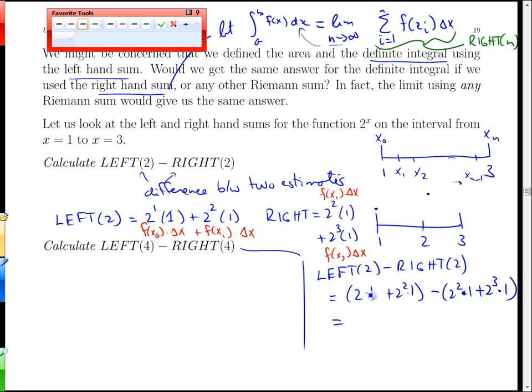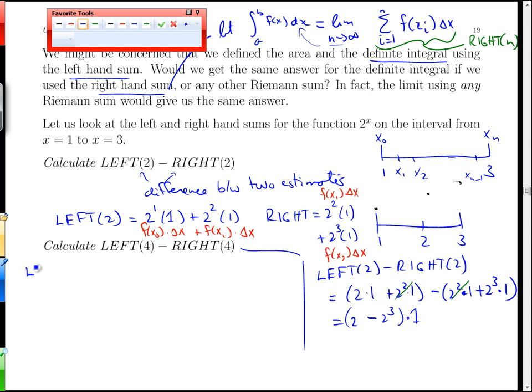And at the end of the day, that term and that term cancel, and we're left with 2 minus 2 cubed. And they all have a factor of 1. I'm going to keep that out there because it's going to play a role.